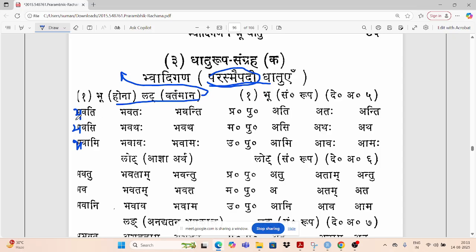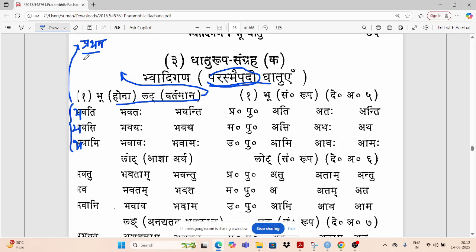This Rachananuvadak Talmud is saying that we have to divide it into three classes. If you look at this curly bracket, the first row represents something called Prathama Purusha.